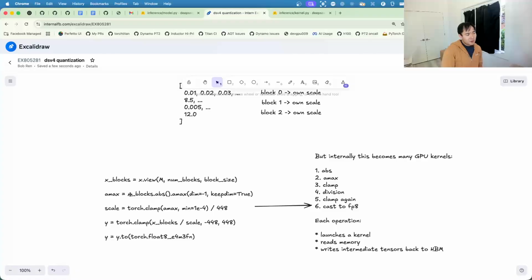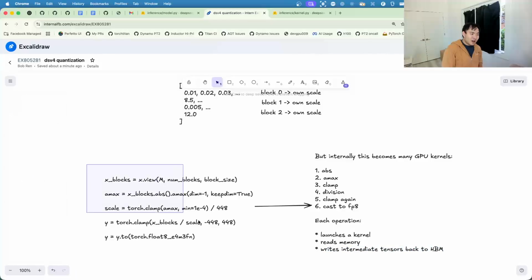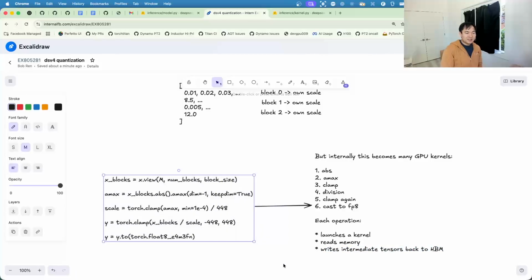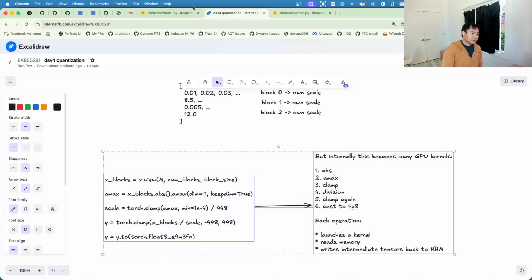Now with respect to performance, this quantization method is actually a lot of operations, and each one of these operations will launch kernels, read memory, and write memory back to HBM. So there's a lot of overhead to do this as separate kernels. This is why in practice, for quantization, we write these fused kernels where we do all of this in a single kernel.